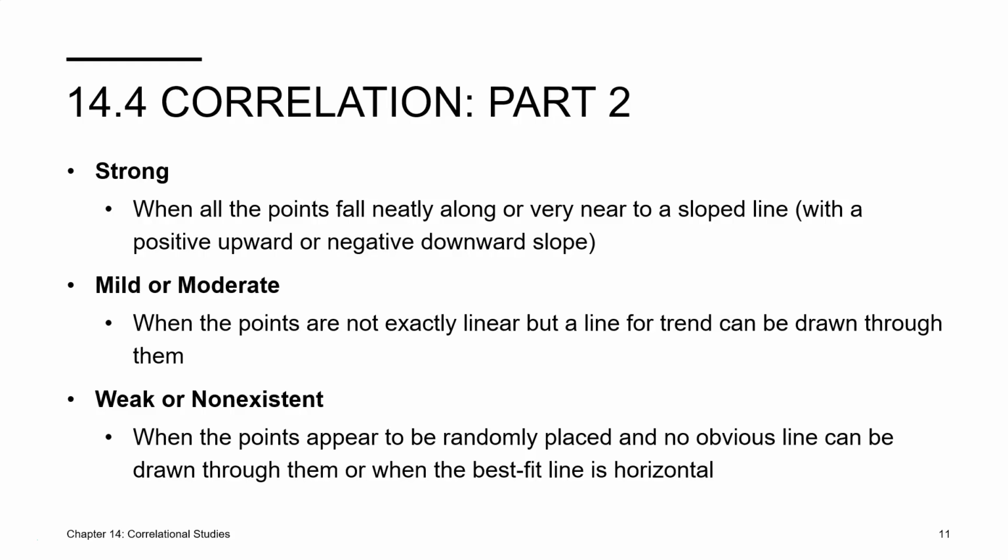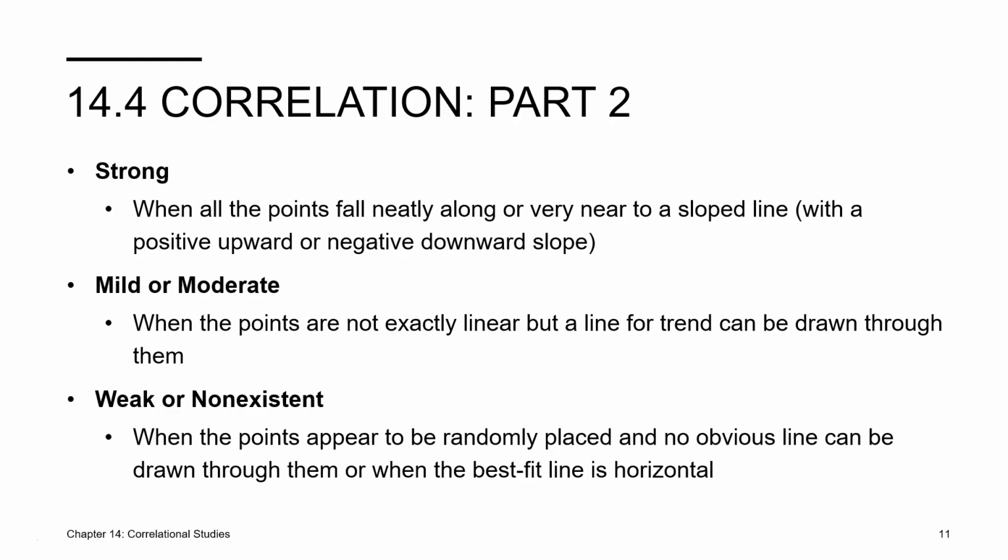Correlation can be described as strong, mild or moderate, and weak or non-existent. A strong correlation is when all the points fall neatly along or very near the slope line. This could be a positive upward or a downward trend. A mild or moderate correlation is when the points are not exactly linear, but a line can be drawn through them to show the trend.